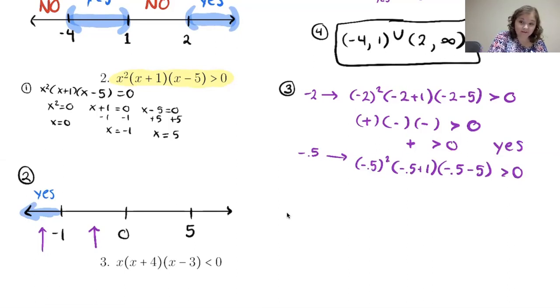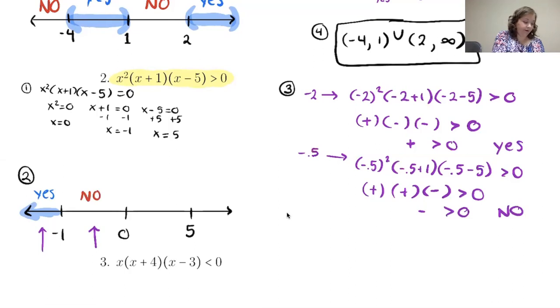It's negative times negative is positive. So this first one is positive. Negative 0.5 plus 1 is going to be positive 0.5, so positive. And then negative 0.5 minus 5 is going to be a negative number. And so we will see if that's greater than 0. Positive times negative is negative, which is not greater than 0. So we've got that this inequality is false. So we're going to put a no there, and we're not going to shade that interval, so leave it alone.